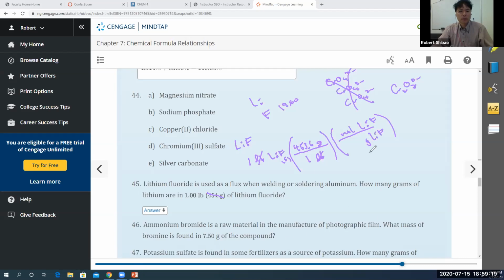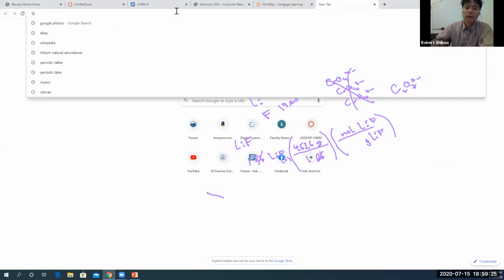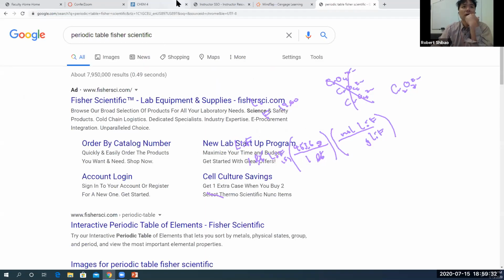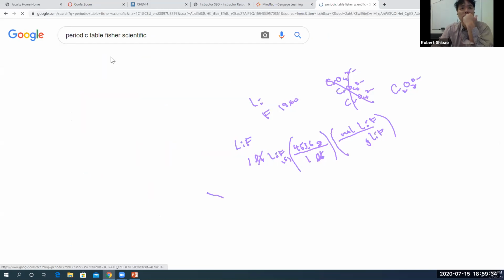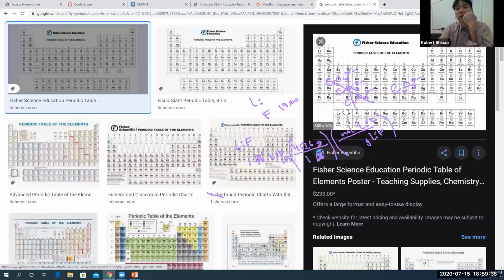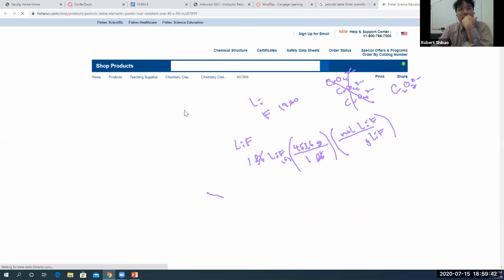We can look at the periodic table. So let's do that. Oh, I didn't want the Fisher one. Hopefully that gives us a decent resolution. They just keep asking to buy it.